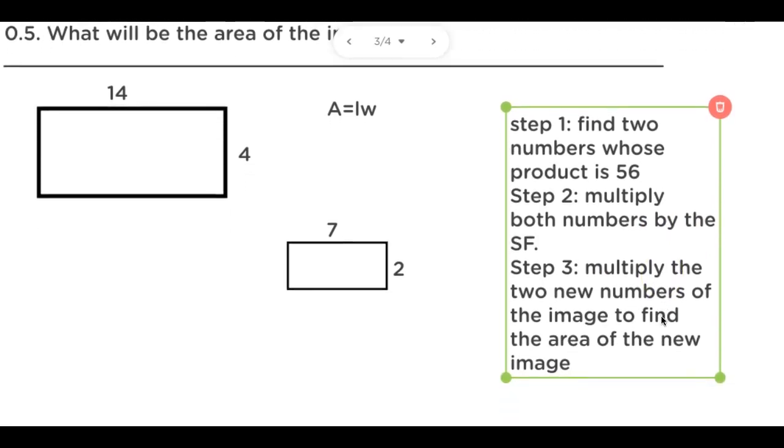Step 3 is to multiply the two numbers of the image to find the area of the new image. 7 times 2 is 14. Therefore, the area of the new image is 14.